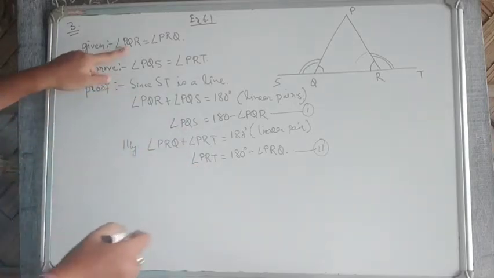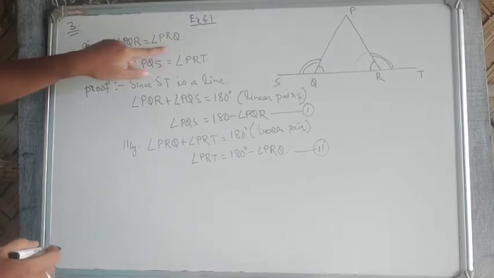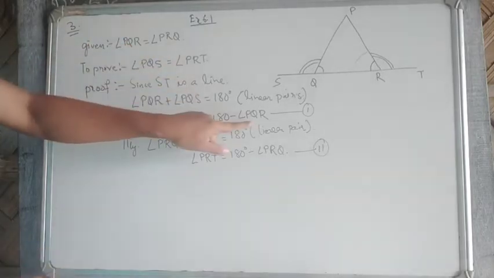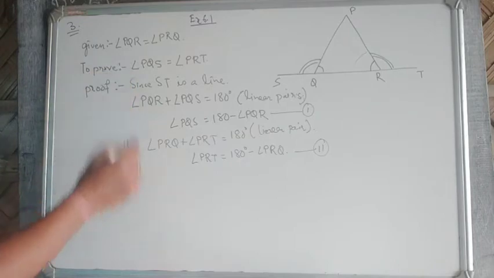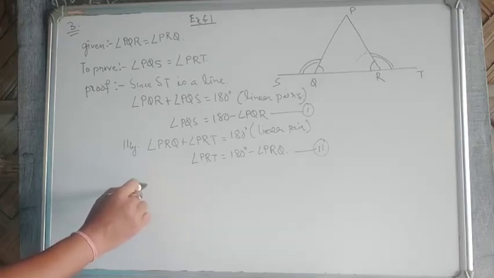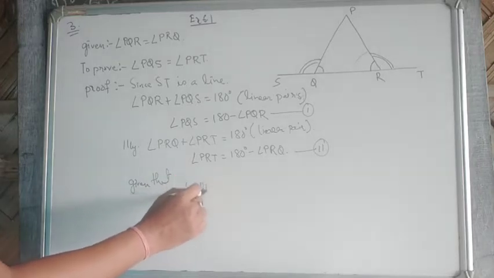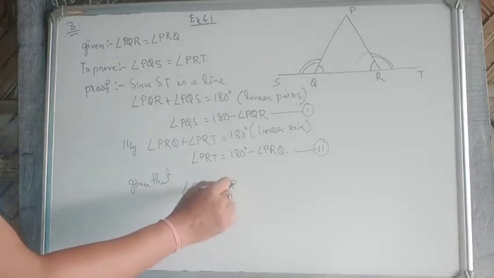Now we'll say here, we have been given that PQR is equal to PRQ. This is equal to this one. So we'll write, given that angle PQR is equal to angle PRQ.